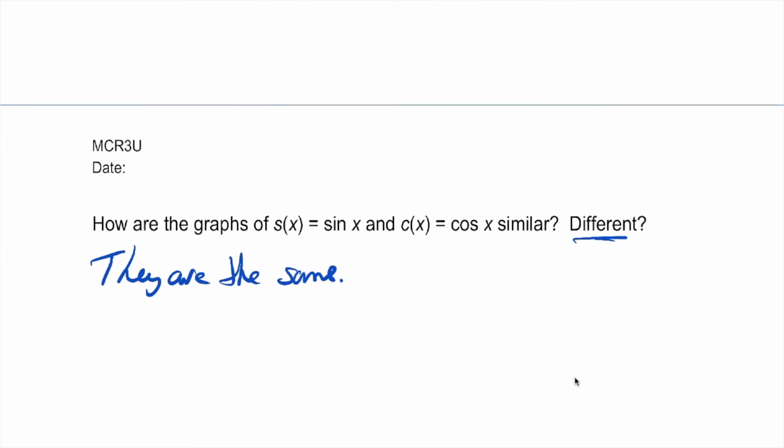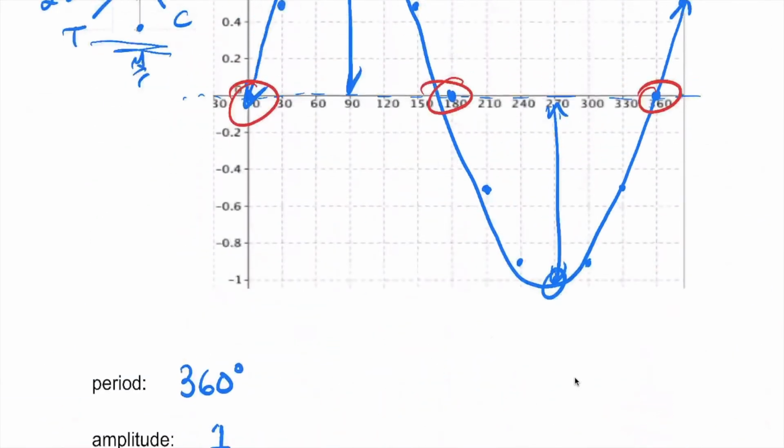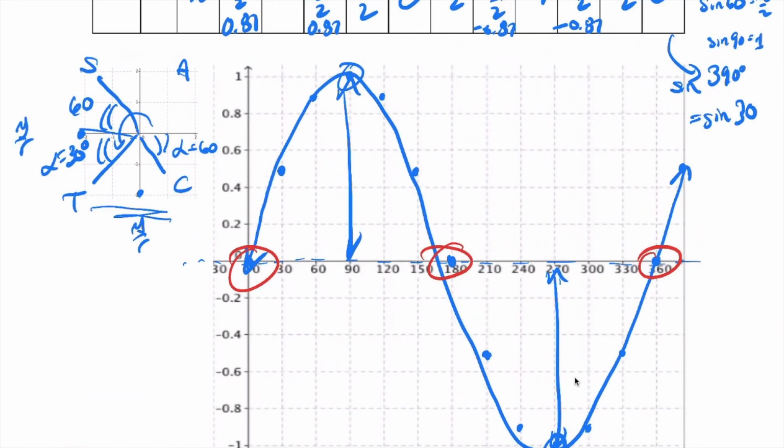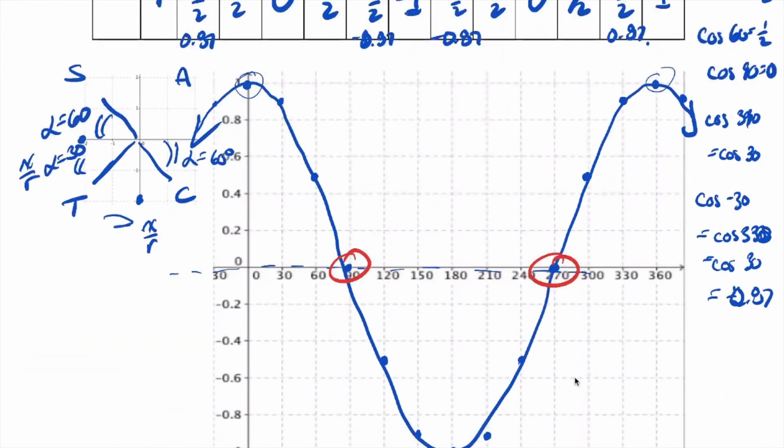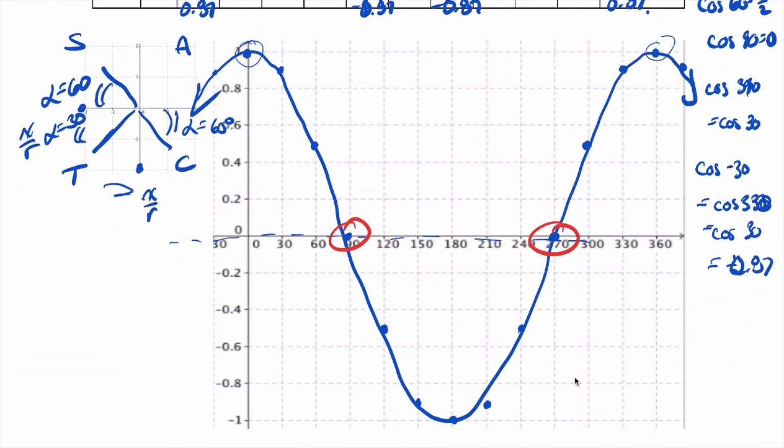But here we could see that if we shifted the sine curve this way, so that this peak falls over here, we're going to get the cosine graph. And likewise, if we have the cosine graph, and we shift this to the right, we're going to get the sine curve. So really they're the same curve, same graph, except it's shifted either left or right.